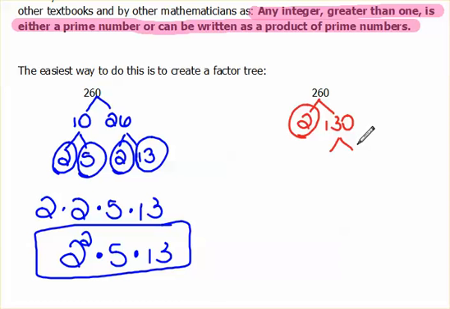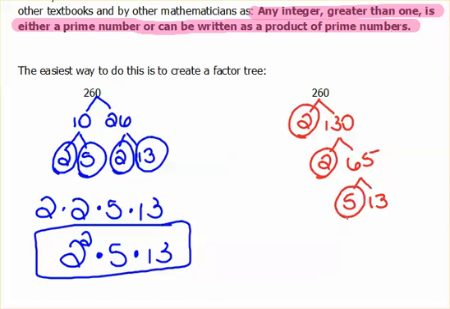So 130, let's see, well, it's even, so I know 2 will go into it. So 2 times what gives me 130? So if I divide 130 by 2, I get 65. 2 is prime, but 65 can be broken down further because it's divisible by 5 because of its last digit. So I know 5 times something equals 65, and that would be 13.